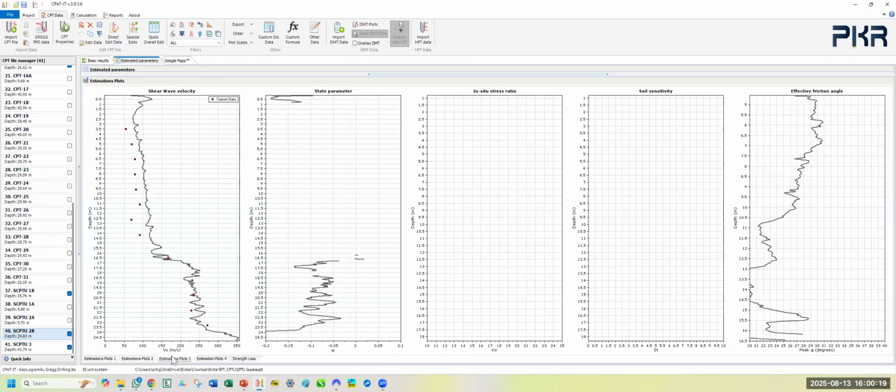Also, this is the shear wave velocity. As we see here, the shear wave velocity is always slightly lower than the prediction in the Demerara formation. So this is the program, a very interesting program which I use a lot, all the time.